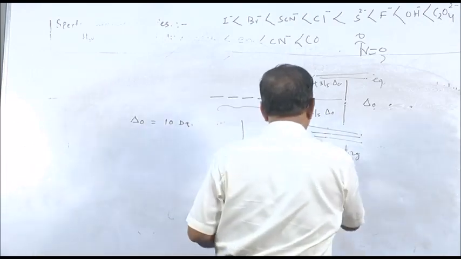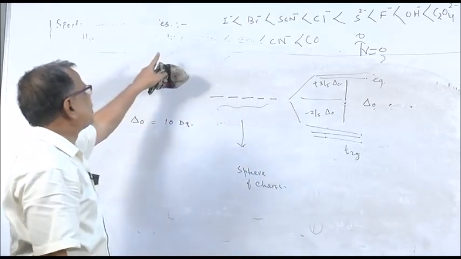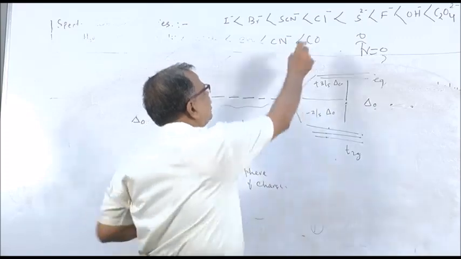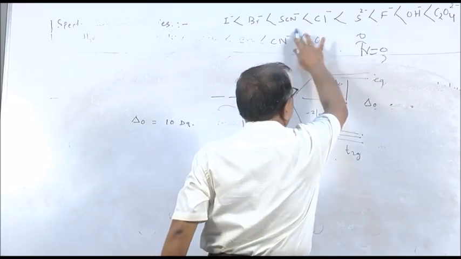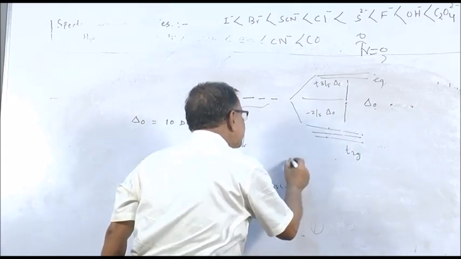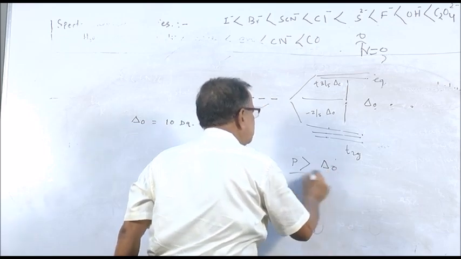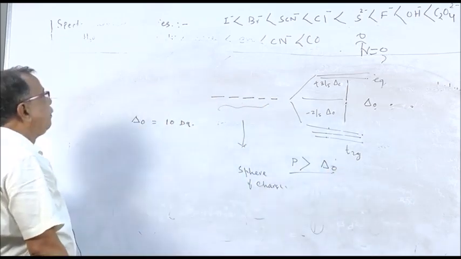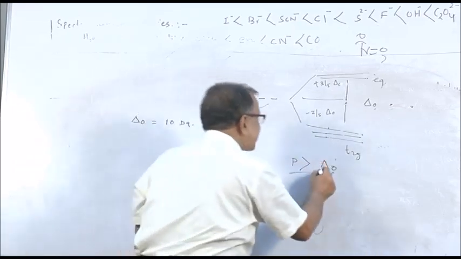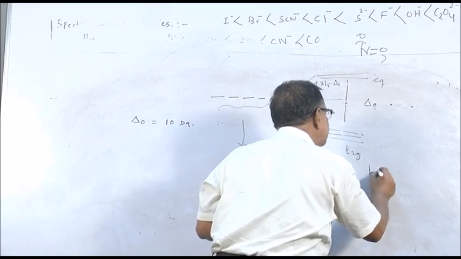Electrons can be low spin or high spin, but this energy gap depends on the spectrochemical series: I minus, Br minus, SCN minus, Cl minus, S minus, F minus, like this. The splitting of energy is like this. If the pairing energy is greater than delta O, that means delta O is less, and in that case it favors the high spin complex.